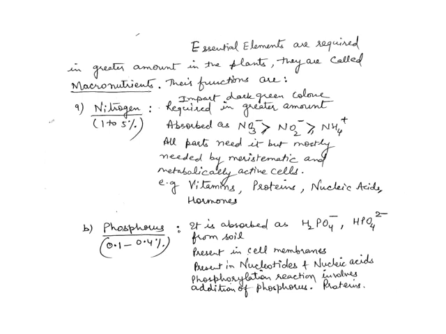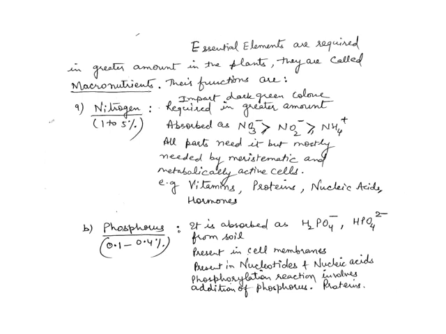All parts of the plants need nitrogen, but it is mostly needed by meristematic and metabolically active cells. Meristematic tissues are those where division of tissue is required, as well as metabolically active cells.